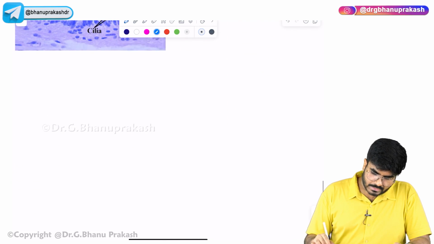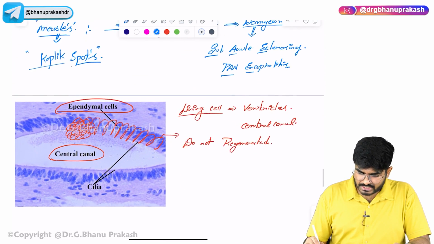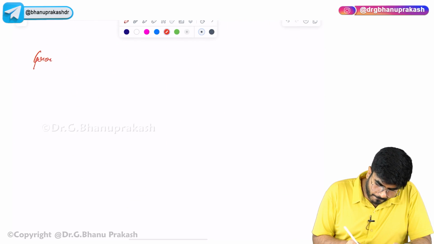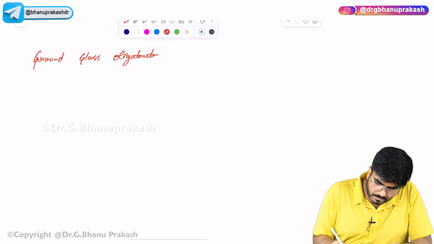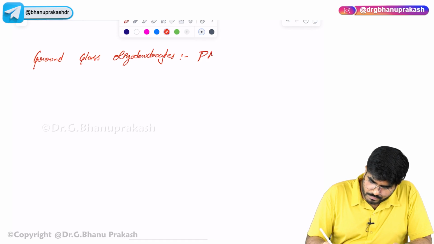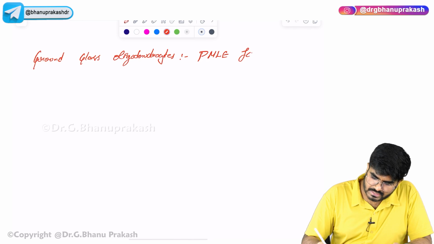And the next important point which I want you to know is there is a condition in which you are going to have ground glass oligodendrocytes. It is seen in which condition? PMLE, progressive multifocal leukoencephalopathy, because of which virus? JC virus.